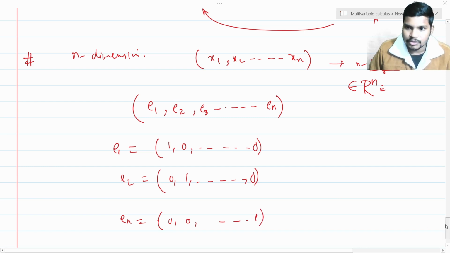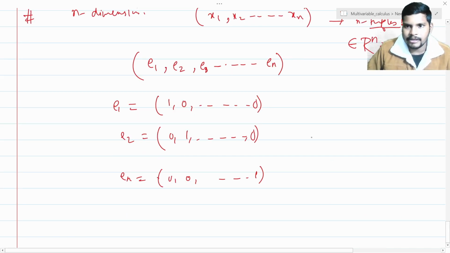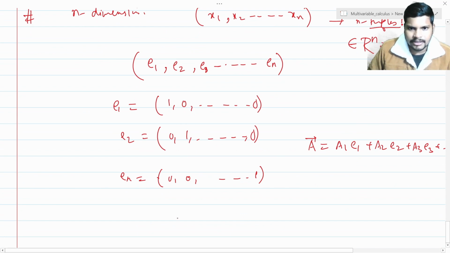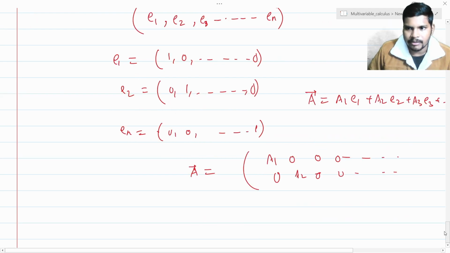All right. So as I told you, any vector can be written as a vector equal to a1 e1, a2 e2, a3 e3, and so forth and so on. Understood? So I can easily explicitly write it in matrix format, and it becomes an n cross n matrix.